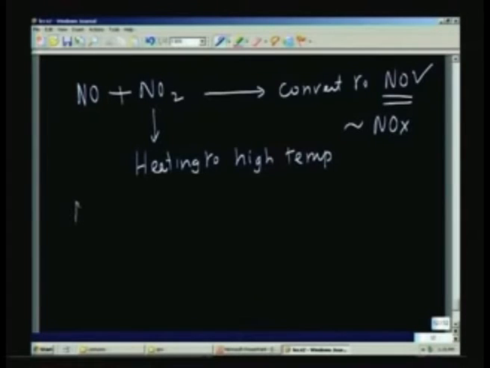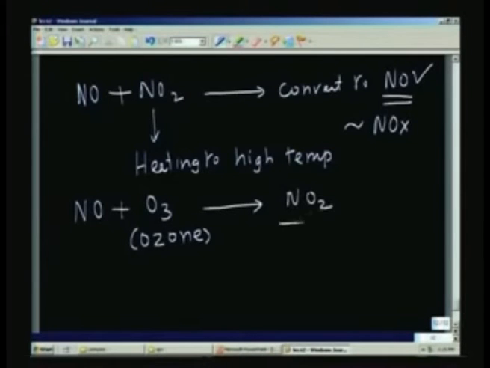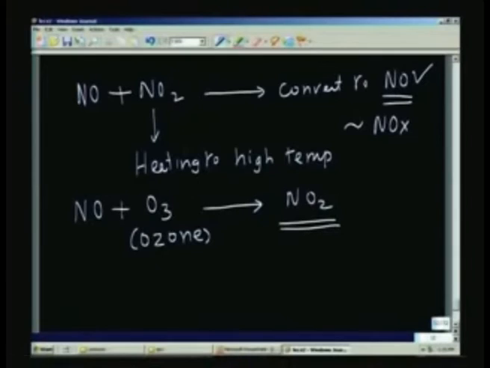If I take nitric oxide and react it with ozone, O3, I will get NO2. Of course, one will ask why we converted NO2 to NO, and now we are converting everything to NO2. The first reaction is to convert everything, so that you are going to measure directly the NOx.